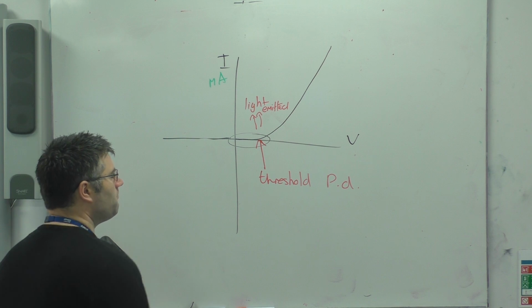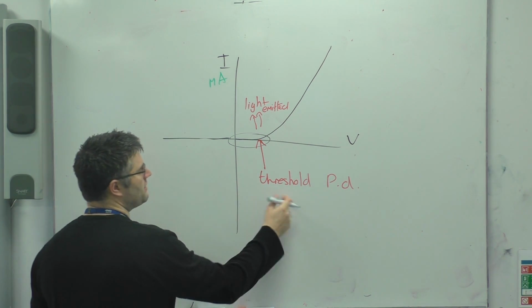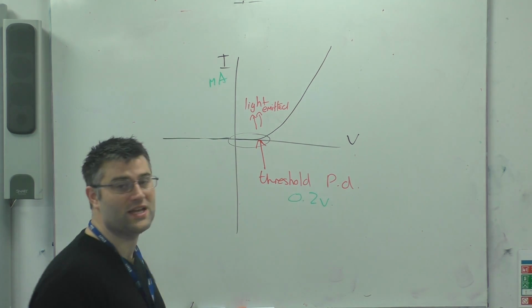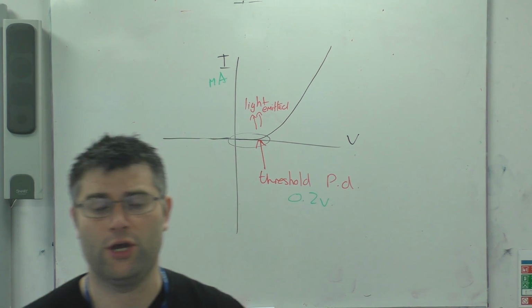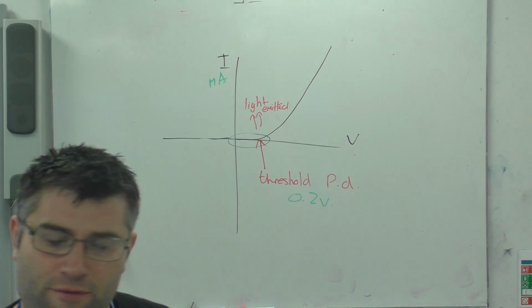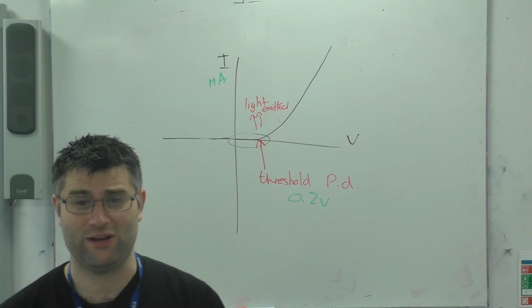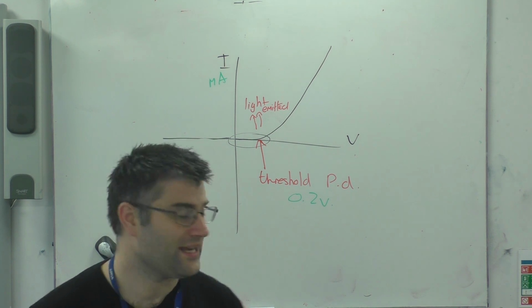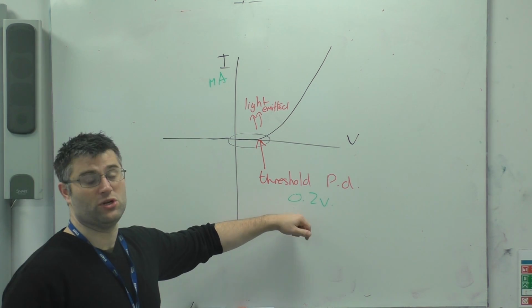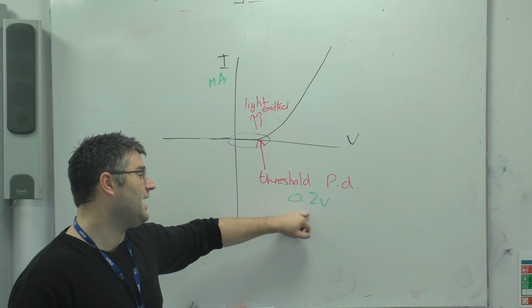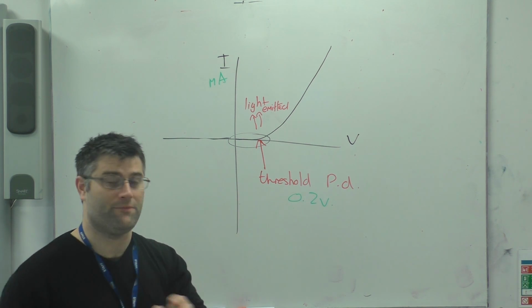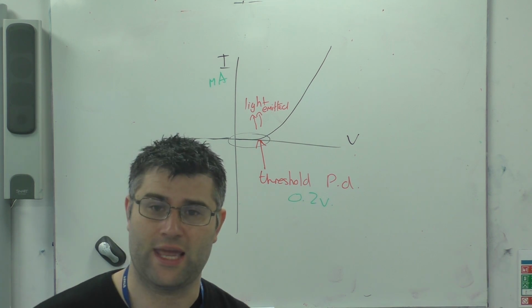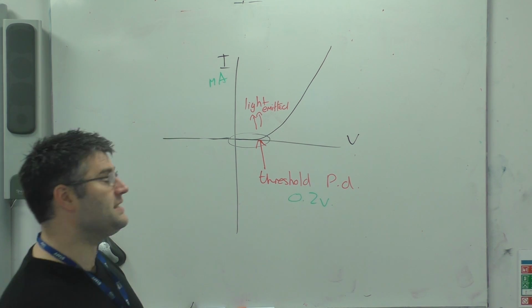So you're talking very small threshold PDs, maybe in the realms of 0.2 volts to get this thing to turn on. Which is really nice, because LEDs are really, really bright. They're either on or they're off. And you need much less energy to power an LED than, say, a filament lamp, which might take 6, 7, 8, 9, 12 volts to get going and produce a decent amount of light.